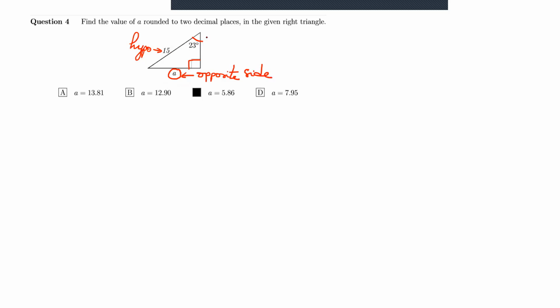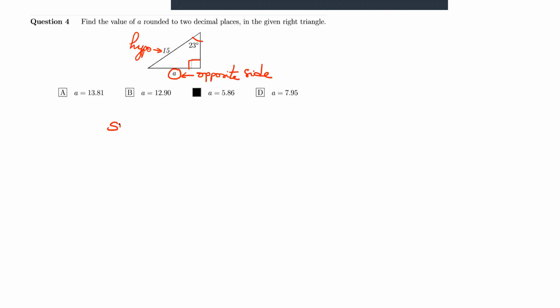So we have a triangle in which we are given an angle 23 degrees. We are looking for the opposite side, and we are given the hypotenuse. So which trigonometric function uses opposite side and hypotenuse? Here it is sine.